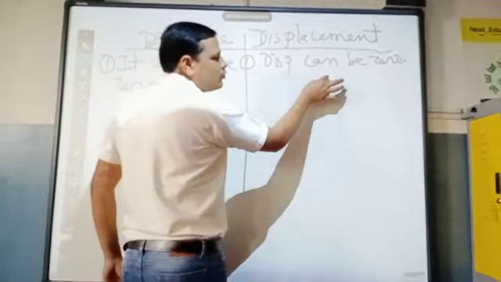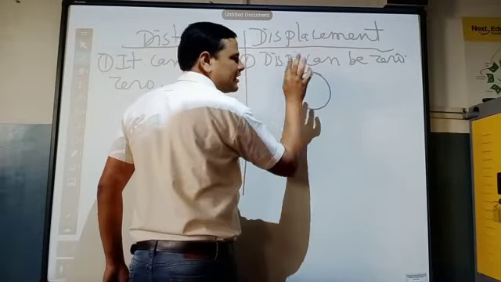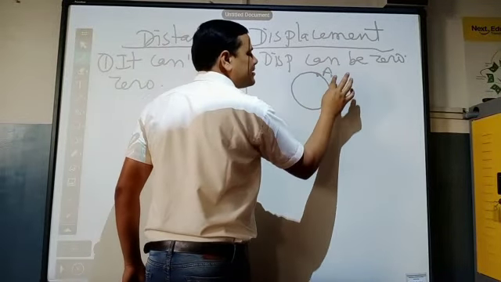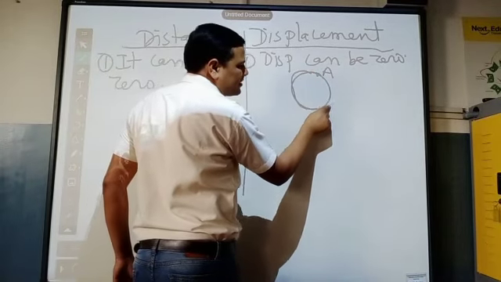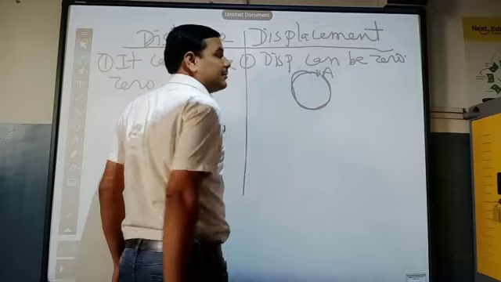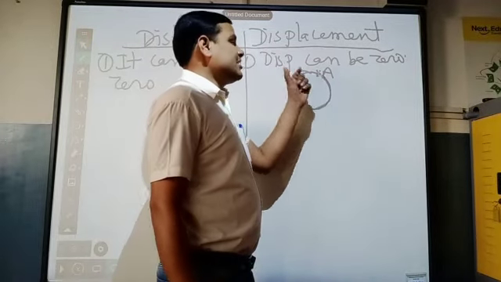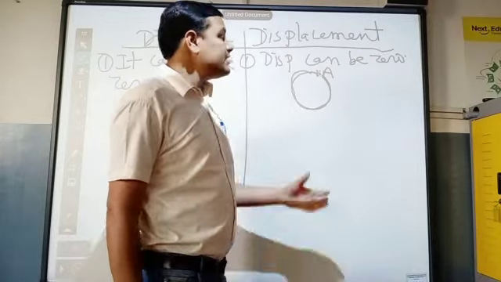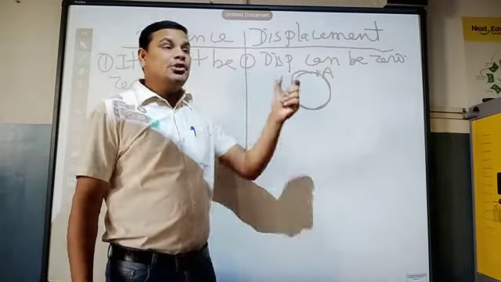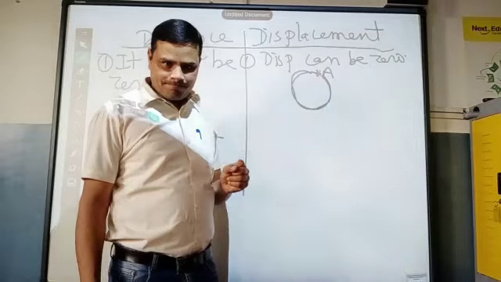When a body is moving in a circular path, suppose that a body started its motion from A, and after taking a circular path it came again to point B in a circular path, displacement is always 0. This is the one basic difference that you have to consider.